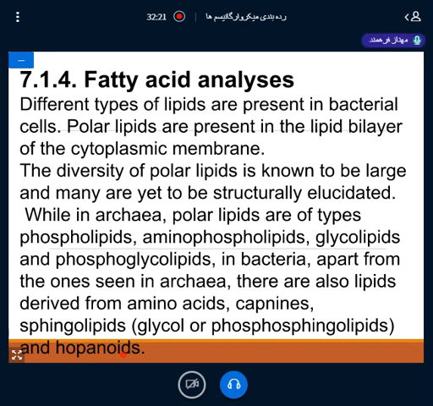Hopanoids can be observed in bacteria. In archaea, we have polar lipids, phospholipids, aminophospholipids, and glycolipids and phosphoglycolipids.